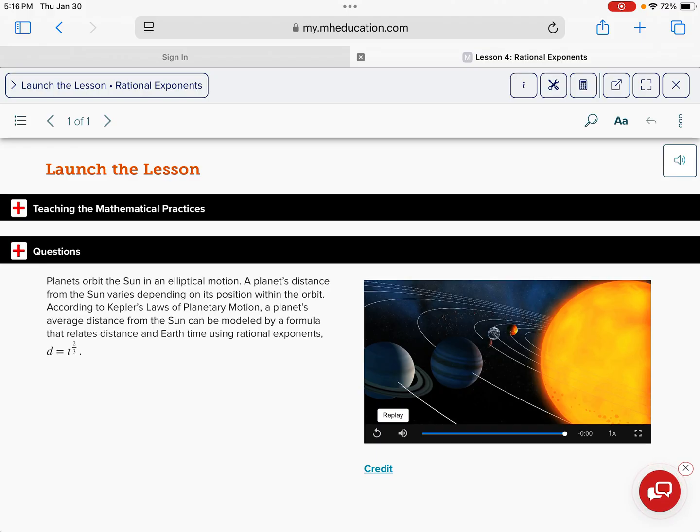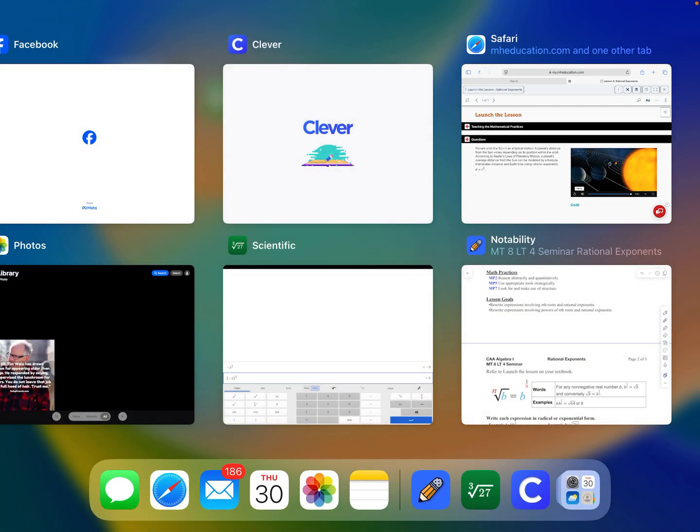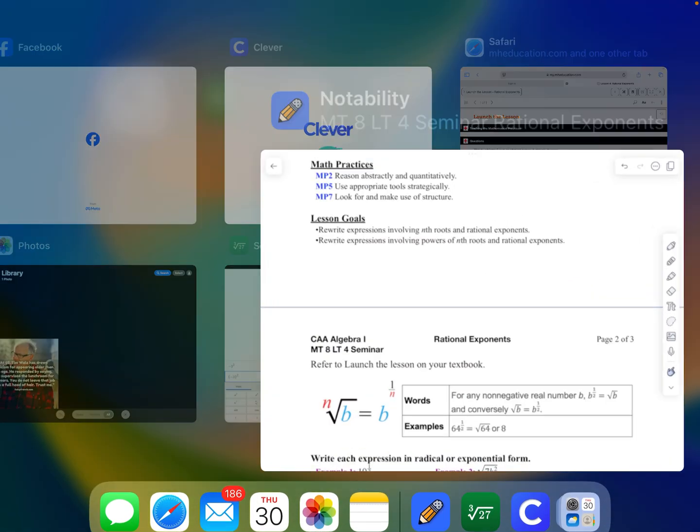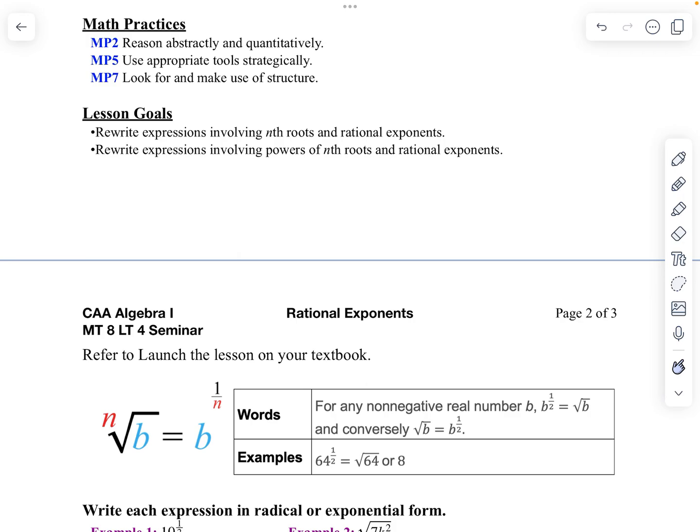But when we model it, we're going to use some rational exponents. The distance from the sun, d, is going to be 2t to the 2/3 power. Hence, fractions: rational exponents are fractions. Now, when we look at our fractional exponents, we're going to look at these in steps. Most of the time, when we use rational exponents, my denominator is 2.